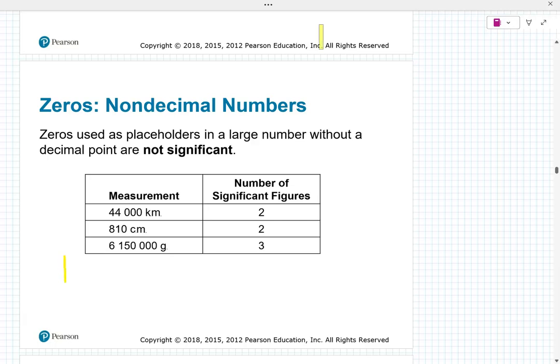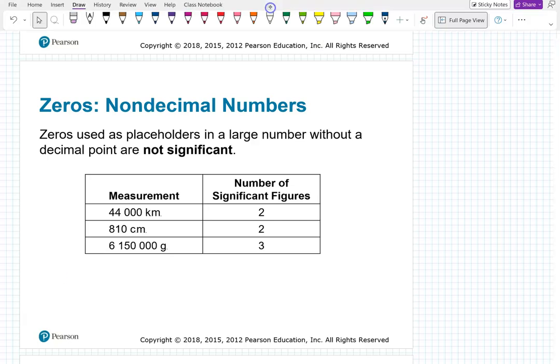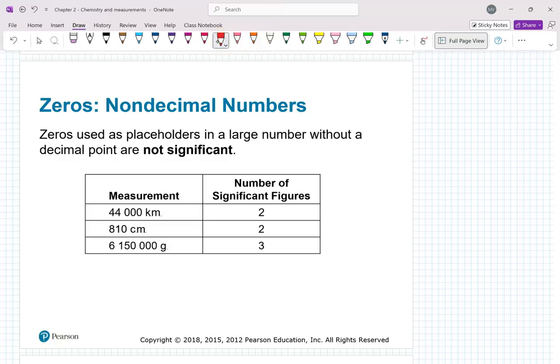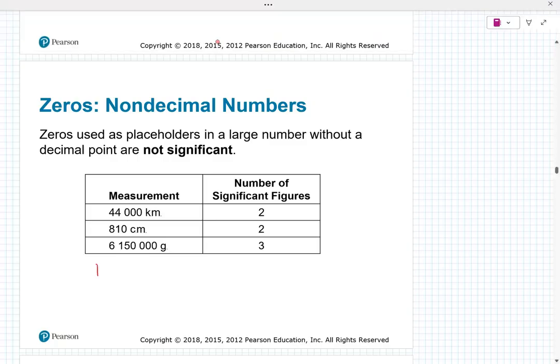Now, trailing zeros, and I have a bit of an argument with examples here. Well, actually, no, I don't have an argument. Trailing zeros without decimal point are considered to be placeholders.